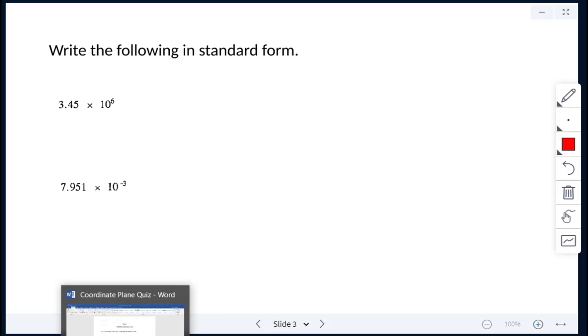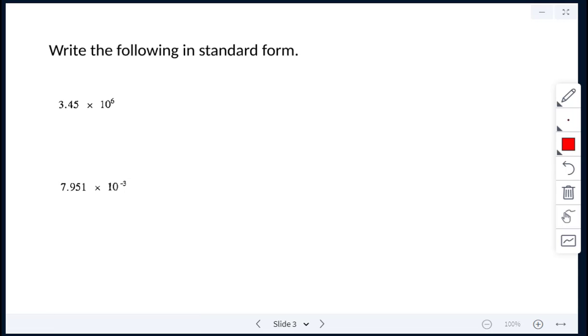Okay, so these next examples, we have our number in scientific notation, so we would just have to write it into standard form. So we have 3.45, and so we're just going to move that decimal place. Okay, so we're just moving that decimal place 6 places, and we know it's a large number because it is a positive exponent.